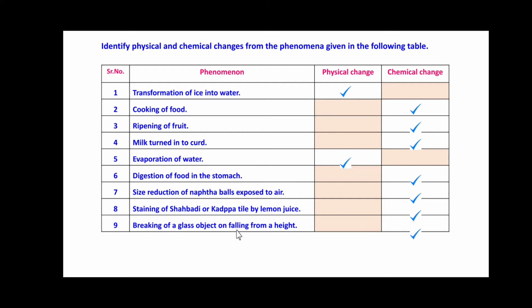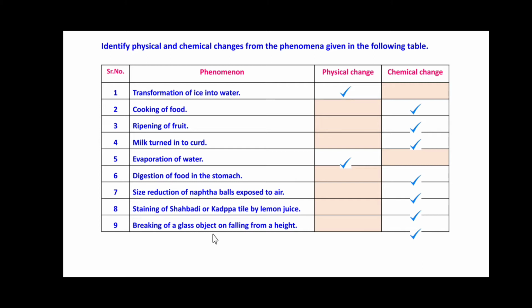Breaking of a glass object on falling from a height. You could say this is actually a physical change, but if some constituents are there with this, that will form a chemical change.